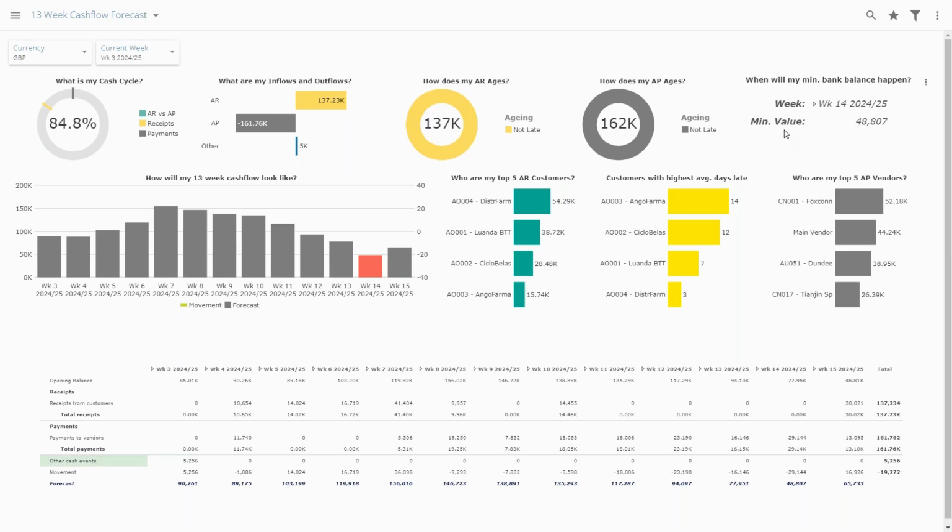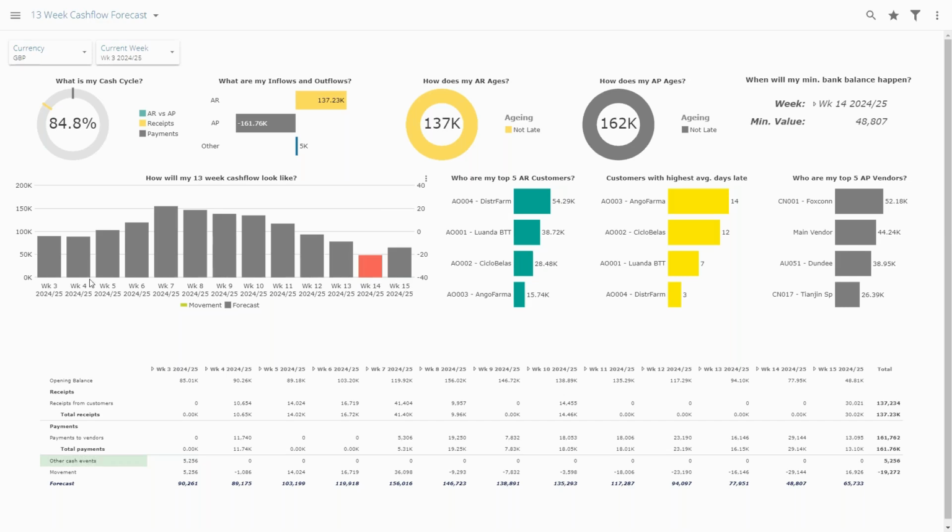So you can say, I don't want to have a bank balance below 50K. If the cash balance is below 50K, I want you to automatically send me a notification so I know that I'm having a problem with the cash and I can take action before it's too late.